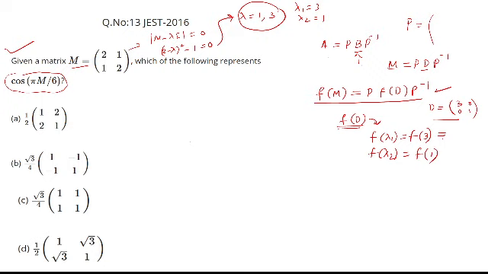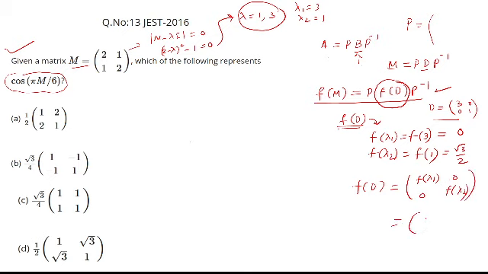For f of 3 it gives cos of 3 pi by 6, that is cos pi by 2, so it gives 0. And for 1, cos of pi by 6 gives root 3 by 2. So f of D will be f of lambda 1, 0, 0, f of lambda 2, which is 0 0 0 root 3 by 2.